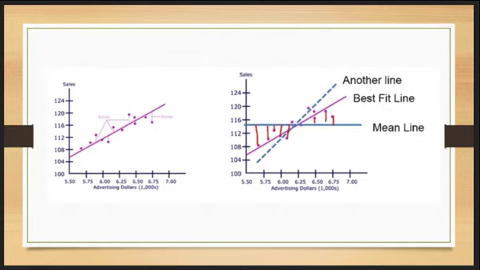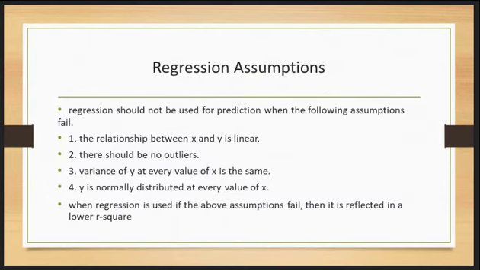But about regression assumptions. Regression should not be used for prediction when the following assumptions fail. Number one, the relationship between X and Y is linear. Number two, there should be no outliers.